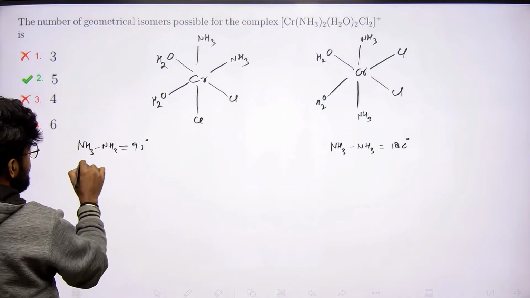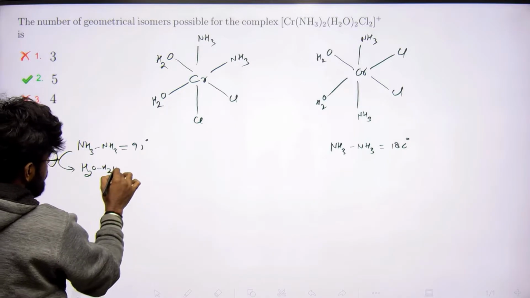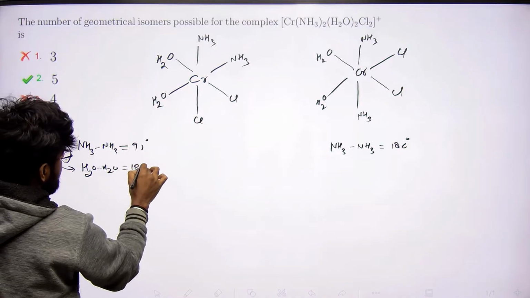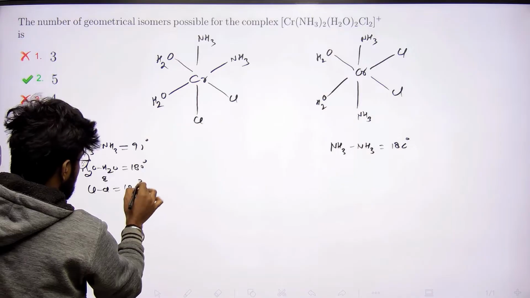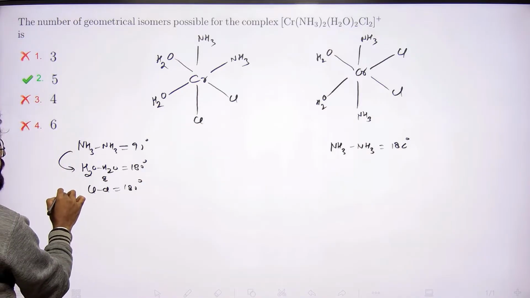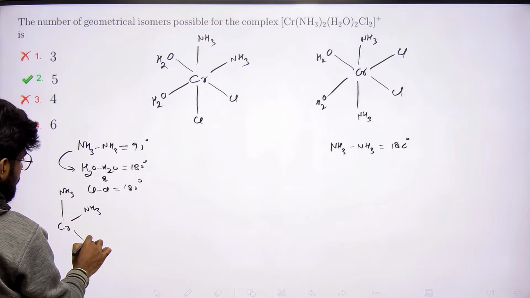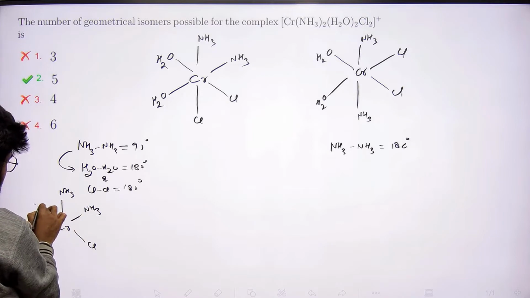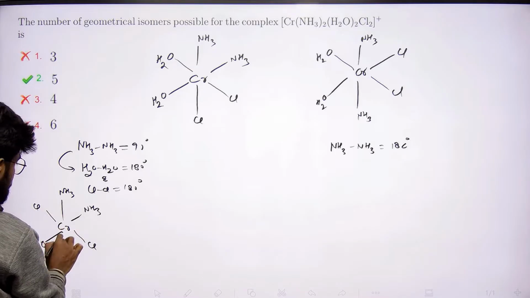But one possibility could be when H2O are at 180 degrees and Cl are also at 180 degrees. So this could be another possible structure that we can draw, like NH3, Cl and H2O.